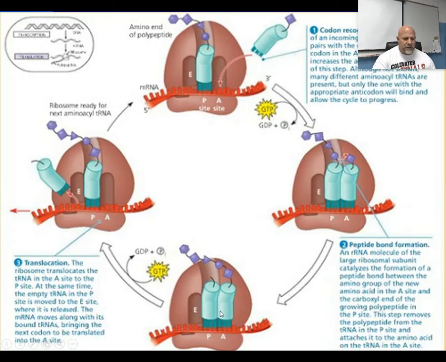Then everything slides over one, and then this transfer RNA will be released from the exit site, and then a new amino acid will come back into the attachment site, and a new bond will form, and then slides over one, and this cycle just keeps going and going until you have your polypeptide, which eventually will be your protein completed.